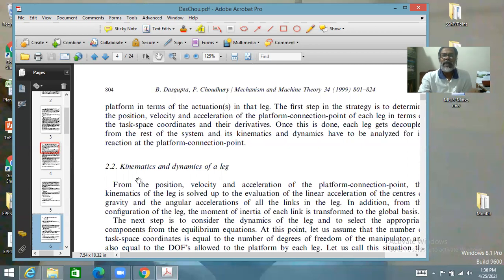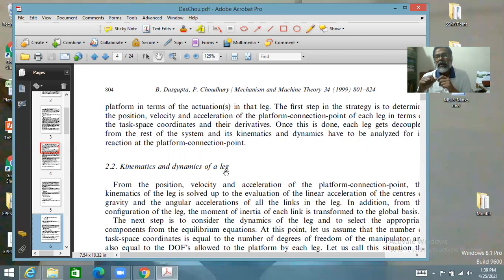Now you study the kinematics and dynamics of the leg, and the leg may be composed of more than one body. You consider the kinematics completely, and you take the dynamic equations and take the components of the vector dynamic equations along those directions in which there is freedom. If there is a sliding prismatic freedom along some axis, then you take the force component in that direction.